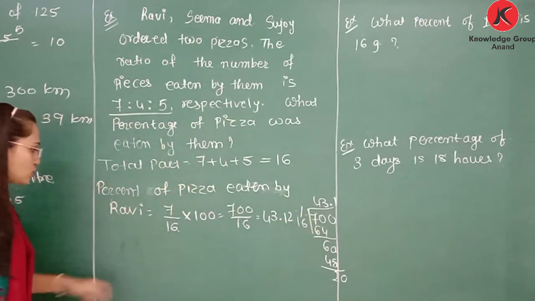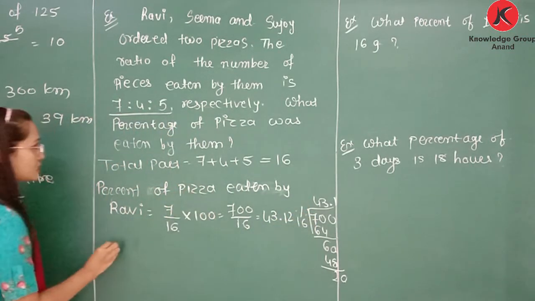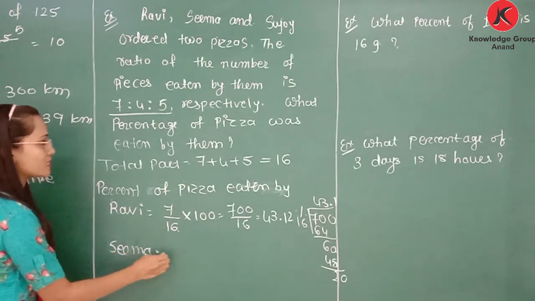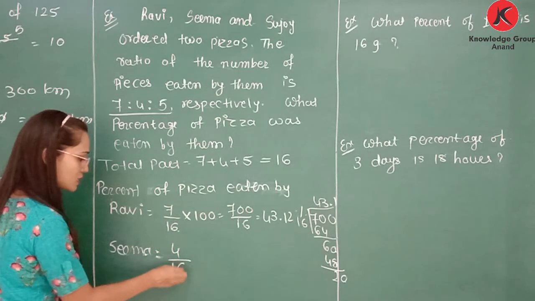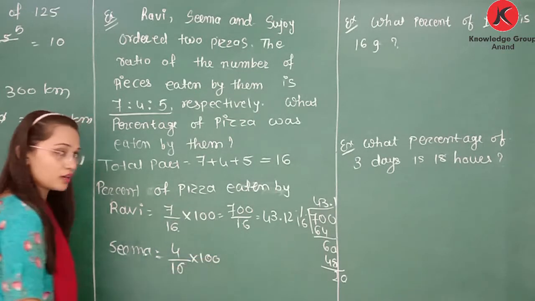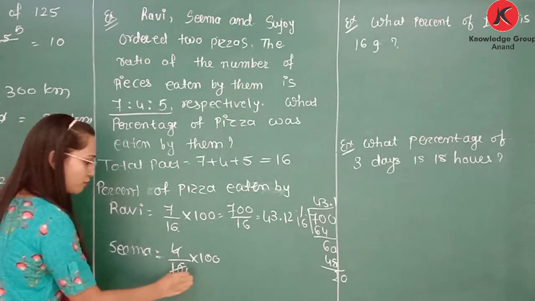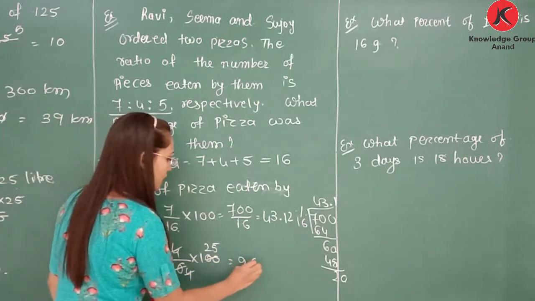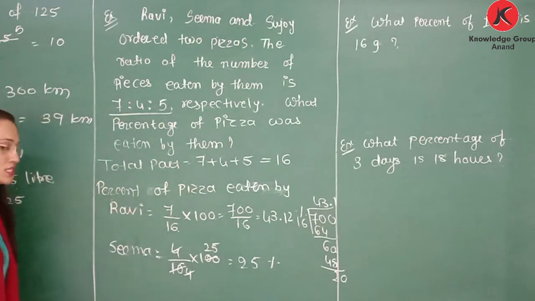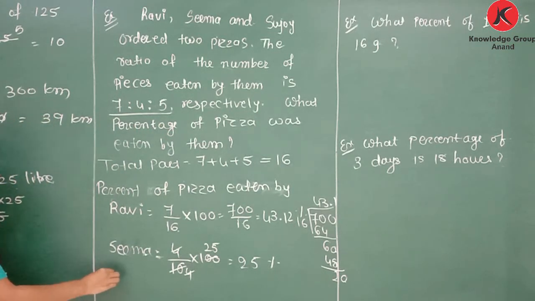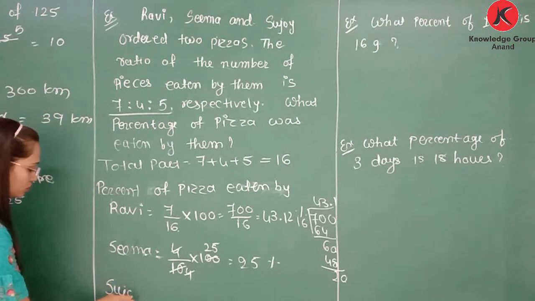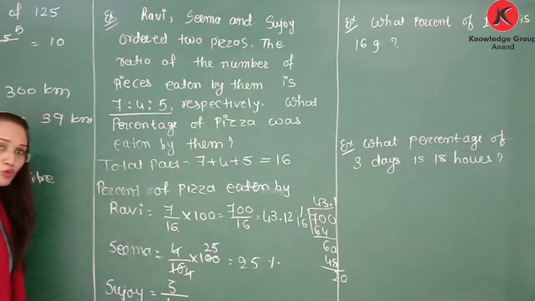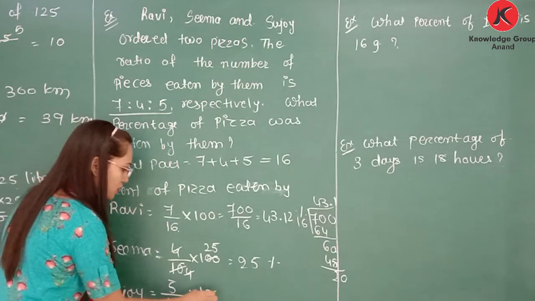Okay. Now next one. Percentage of pizza eaten by Seema. So as a fraction we can represent 4 by 16 multiplied by 100. Now here we can put the common factor 4. 4 4s are 16, 25 4s are 100. So it is 25% eaten by Seema. And pizza eaten by Sujoy. So Sujoy ate 5 parts from total 16 parts multiplied with 100.